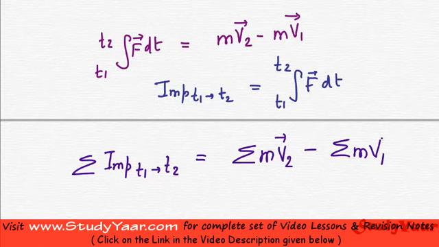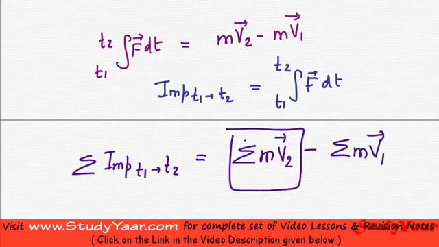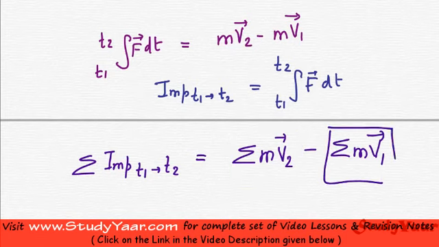This is the sum of all the impulses of forces acting between time t1 and t2. This is the momentum of all the bodies at time t2, when the velocity is v2, and this is the sum of momentum of all the bodies at time t1, when the velocity is v1.